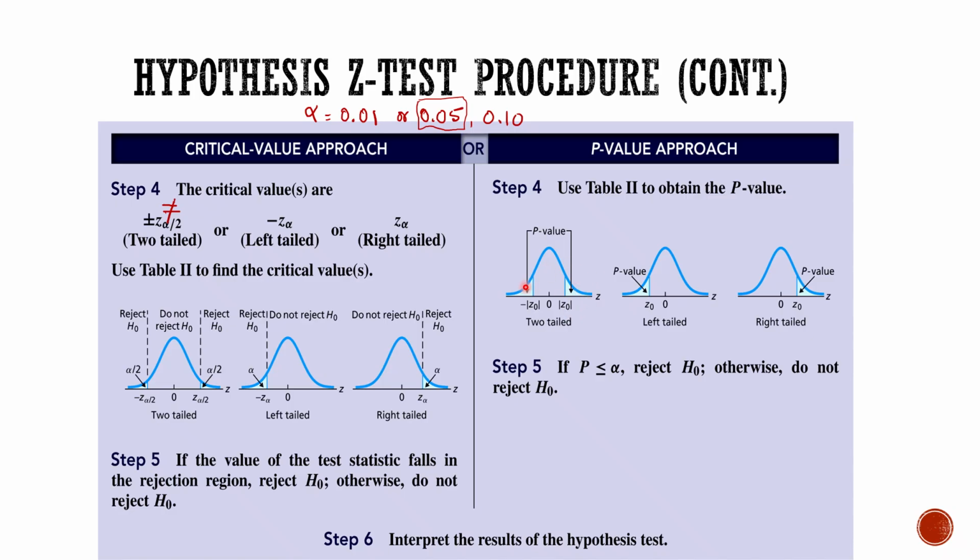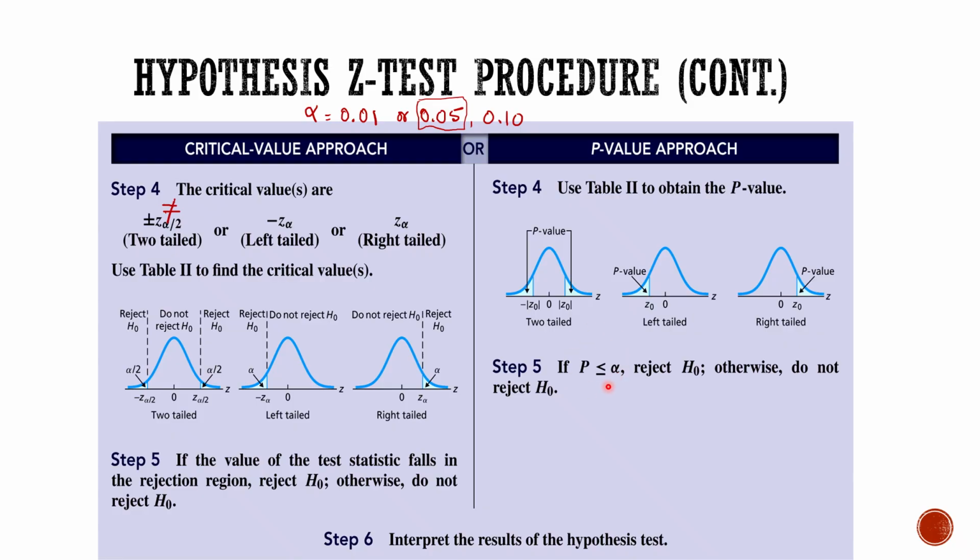And find the area on one side, and then you have to multiply it by 2, double that area that you found on one side. So start by finding the area on one side, and then for a two-tail test only, you have to double that value, multiply it by 2. And then once you find the p-value, which is nothing but the area representing the probability, you compare that with your alpha value.